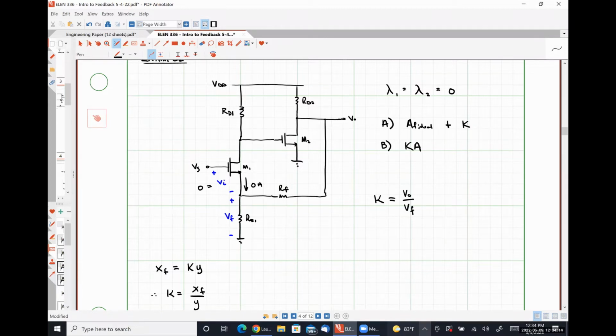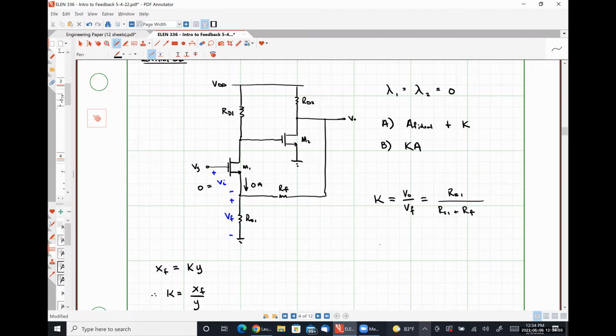We can use simple voltage division because we know that there's no current contribution coming in from the transistor in the ideal case where our input signal is 0, which means V naught over VF is simply RS1 over these two resistors in series. So RS1 over RS1 plus RF.